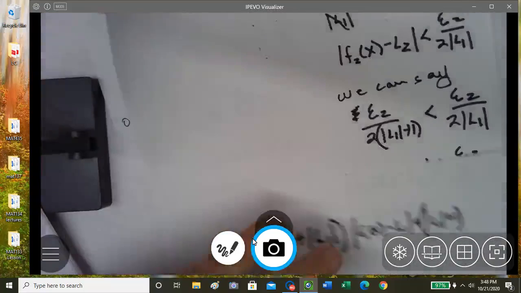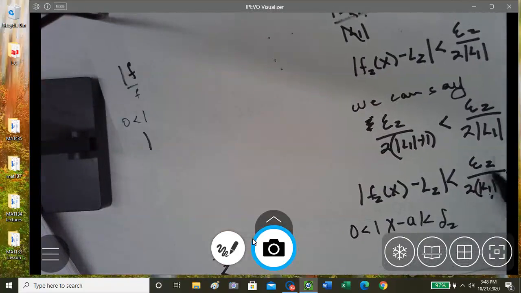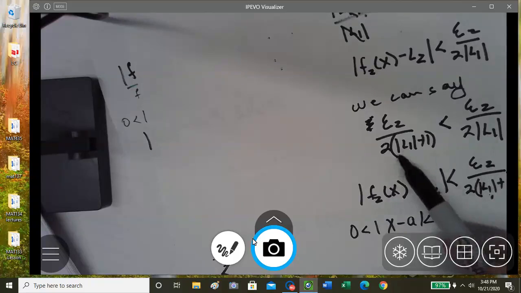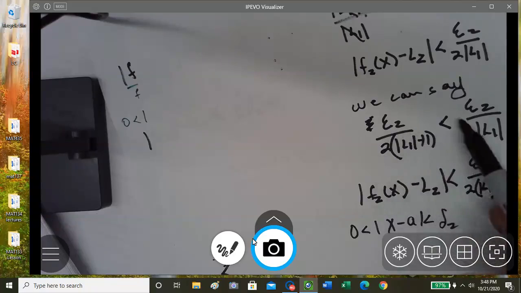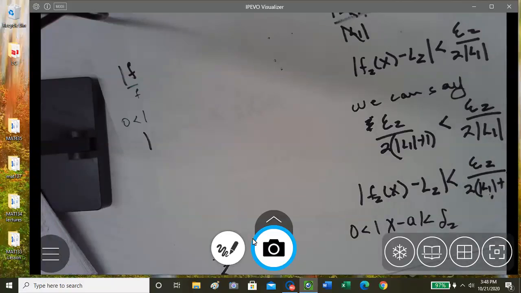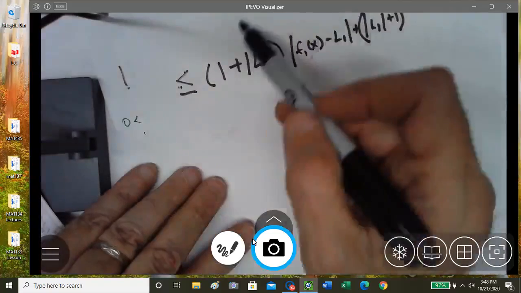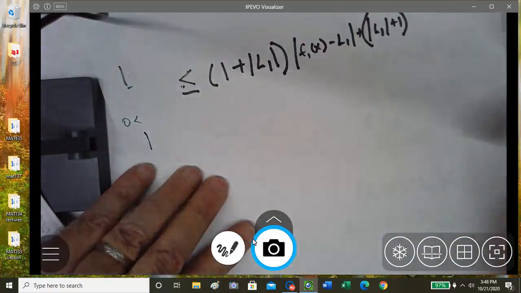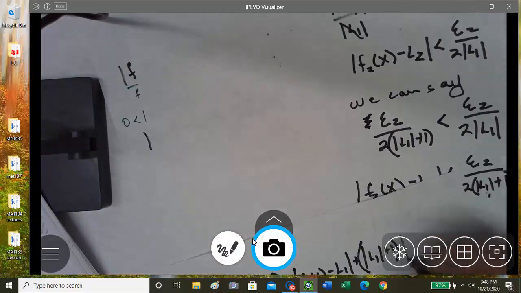Where is it? Here it is. We said that this quantity, absolute value of L1 plus 1, times epsilon over 2 times absolute value of L1 plus 1, is less than epsilon over 2. So that's what we're saying here, that this equation is less than this one, times absolute value of f2 x minus L2.